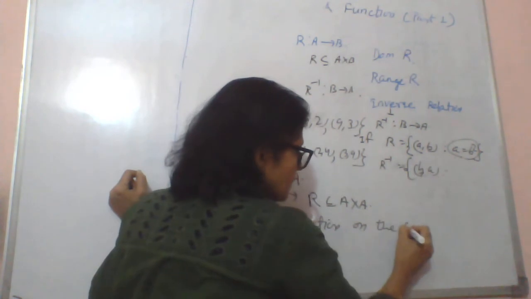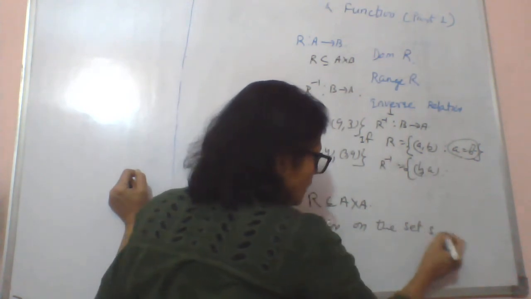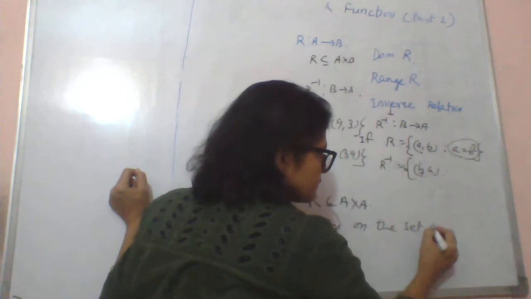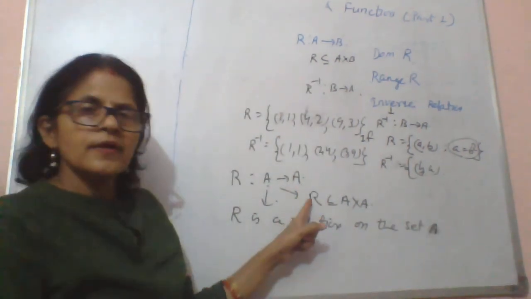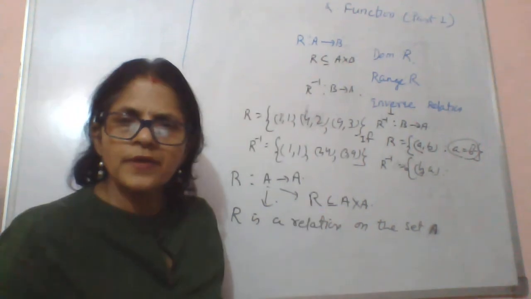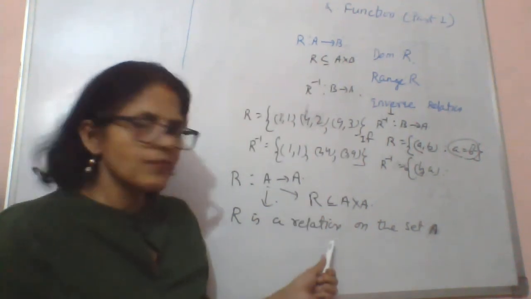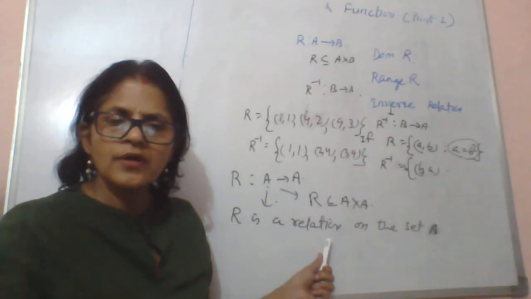So whenever R is a relation from A to A, R is a subset of A × A, and we call it R is a relation on the set A.